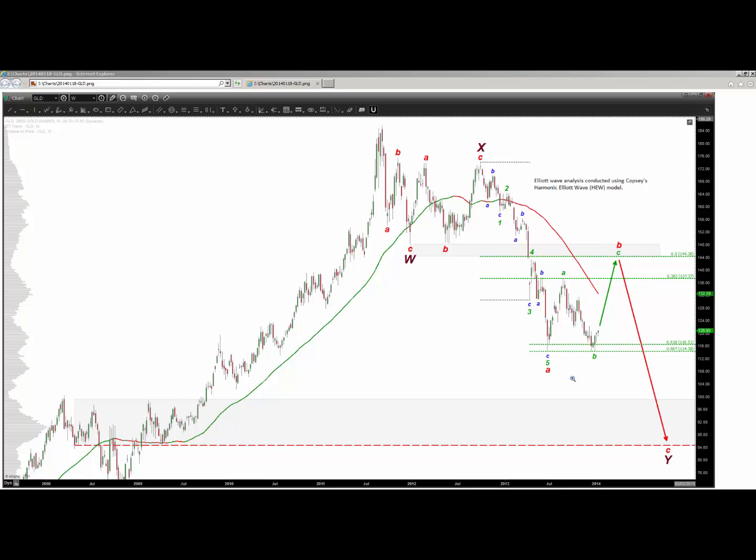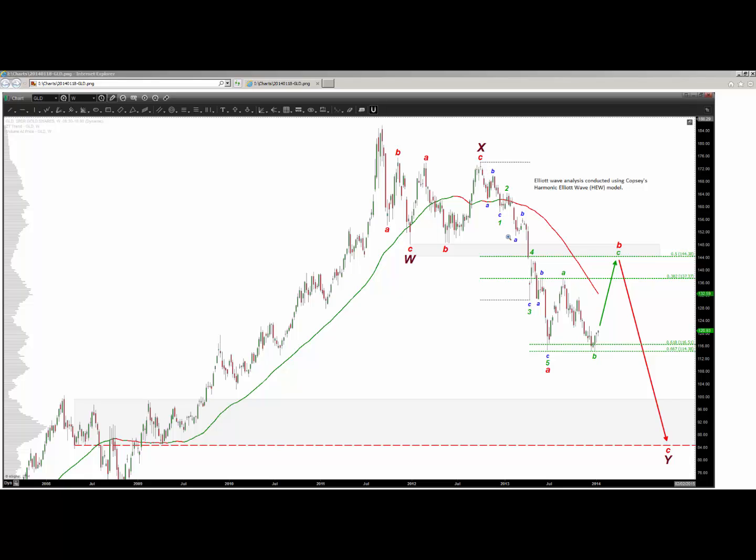Now, notice how within red wave A, I counted the internal subdivisions at 2 distinct degrees of trend, blue and green. I also made use of Ian Copsey's harmonic Elliott wave model as opposed to the classic Elliott wave model. The difference between the two models is that in the case of Copsey's model, waves 1, 3, and 5 each subdivide into an ABC structure.